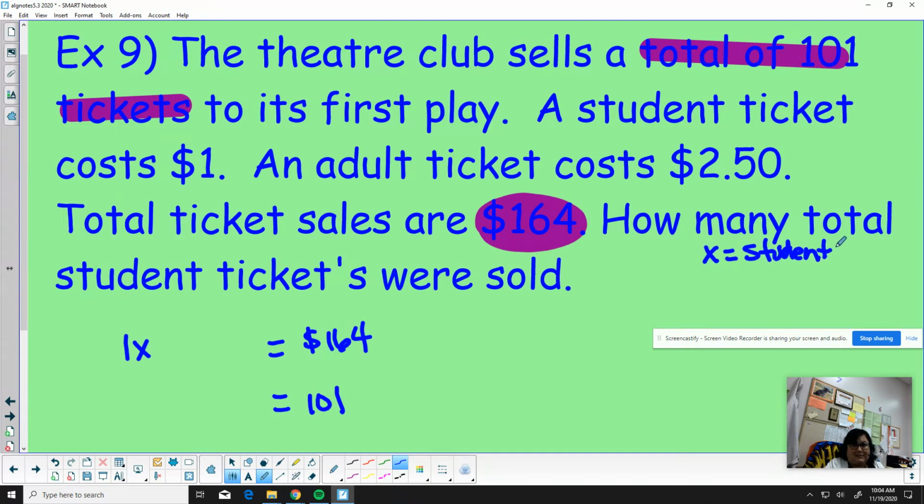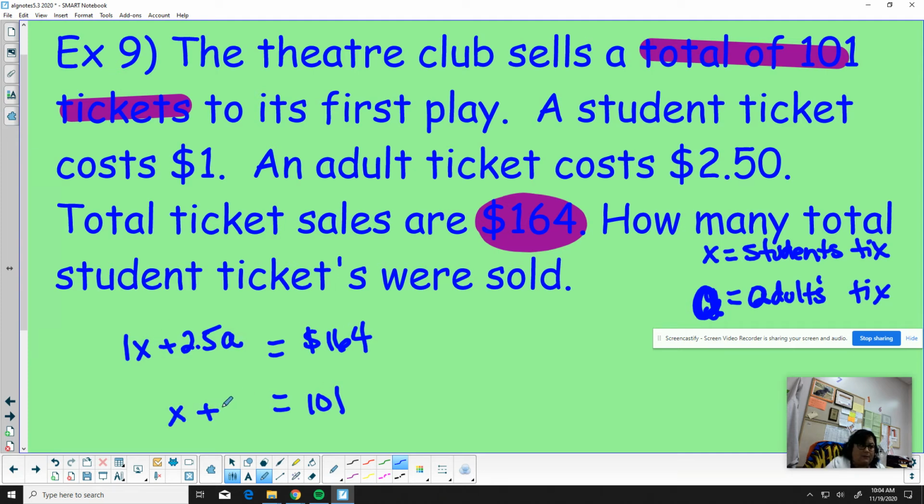I'd use s, but if I do, I'll get confused that it's a 5. And then I'm going to make a for adult tickets. So plus 2.5a equals 164.